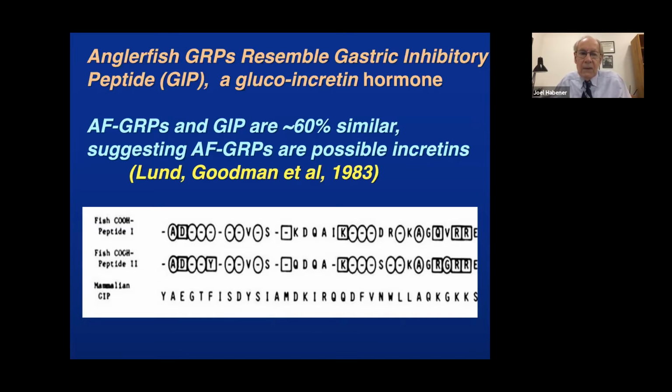And they were 60% similar, suggesting initially that the anglerfish GRPs are possible incretins. It's shown here as the similar amino acids, and the identical amino acids are in circles and squares.